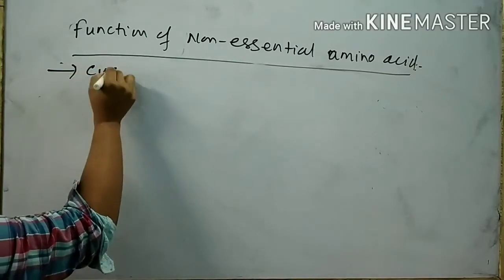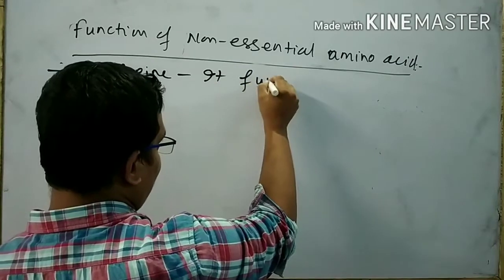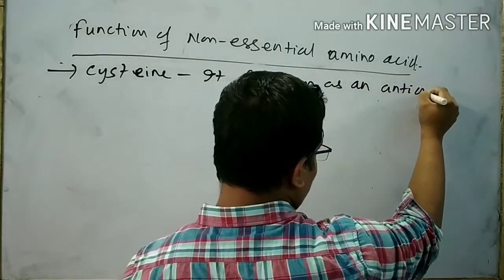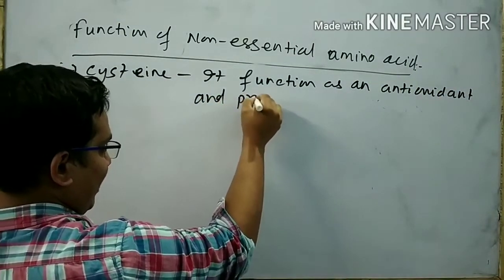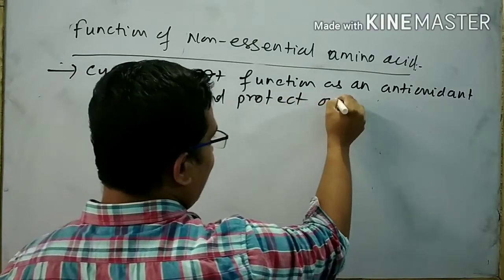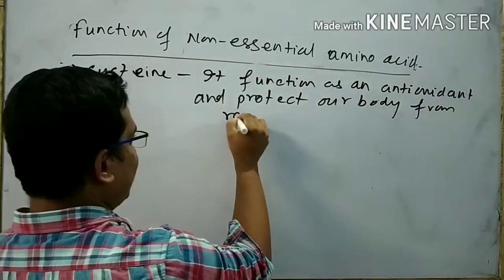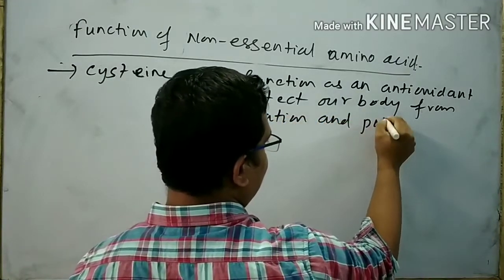Next is cysteine. It functions as an antioxidant and protects our body from radiation and pollution.